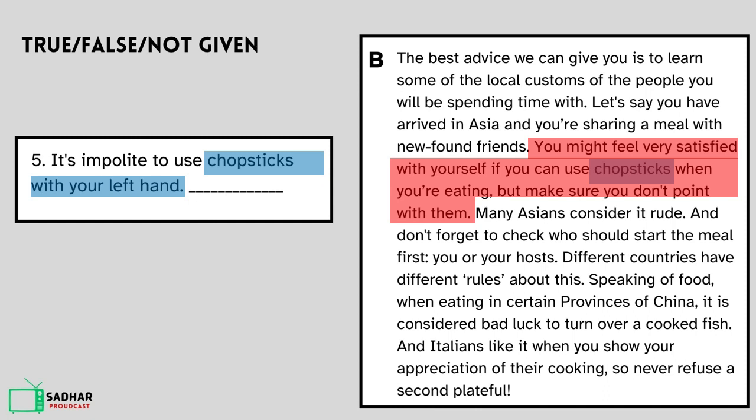But make sure you don't point with them. And the answer is not given because there is no explanation whatsoever about using chopsticks with left hand. In the passage, it is written, use chopsticks, but we cannot use them to point at people.